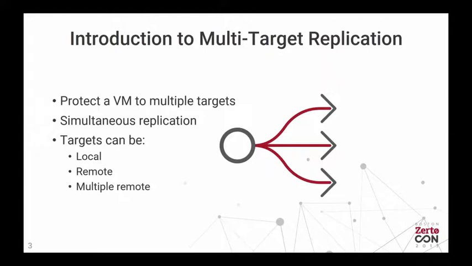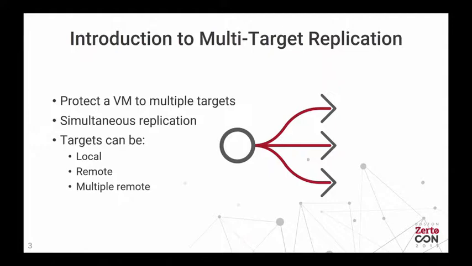So you're taking your VM or your application and putting it in a VPG, which is our virtual protection group, and then you are moving that to, say, a remote location. And then you can take that same group of VMs and replicate that to another location. It could be local or what have you. So it's the same VMs, it's the same beginning point. And that's the value there.